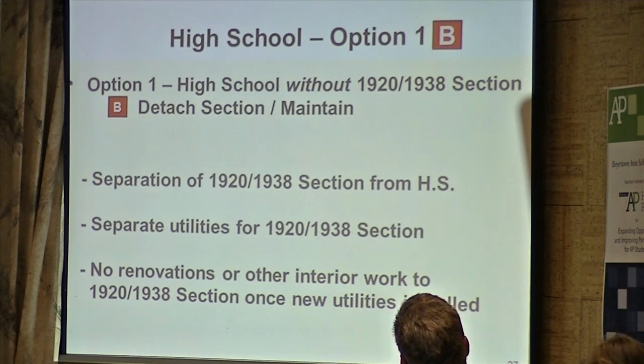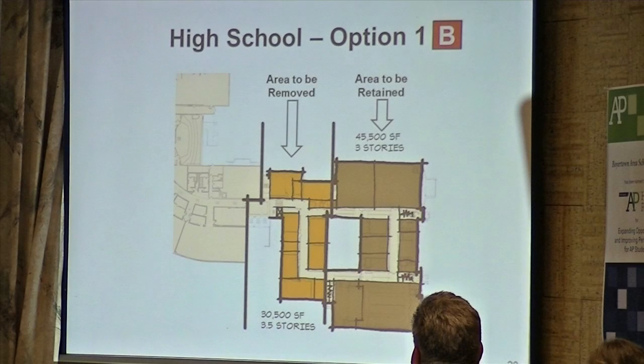Option 1B is the proposed design of the high school academic program with the separation of the 1920 and 38 section from the high school. We would provide separate utilities into the 20 and 38 section, and there would be no renovations or interior work when the new utilities are installed.